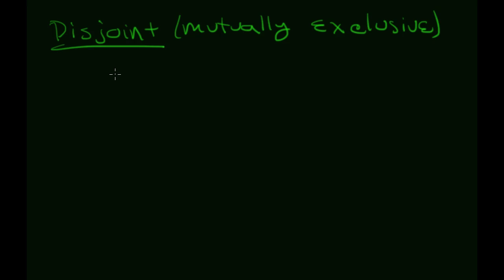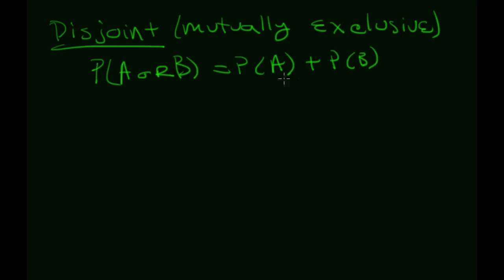So if the two events are disjoint, then our addition rule can be simplified. It can be the probability of A or B is equal to the probability of A plus the probability of B. So long as A and B can't happen at the same time, you just add the two probabilities.